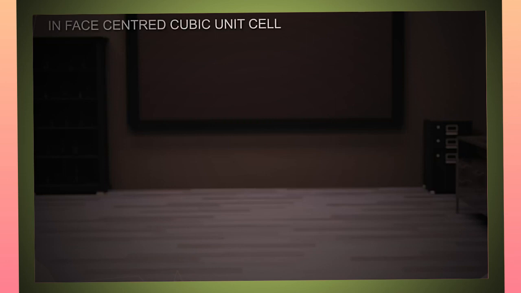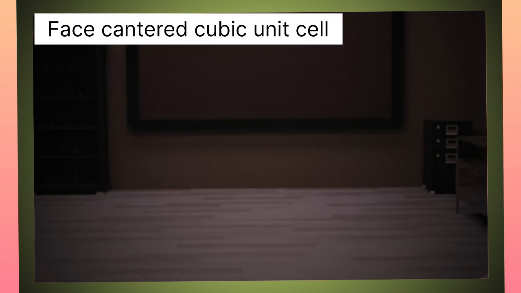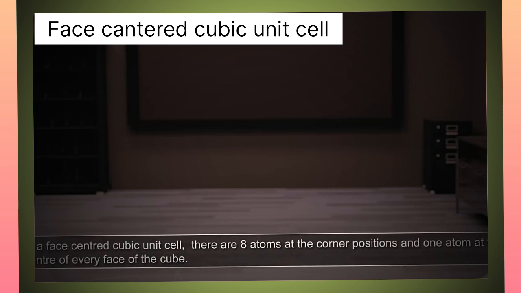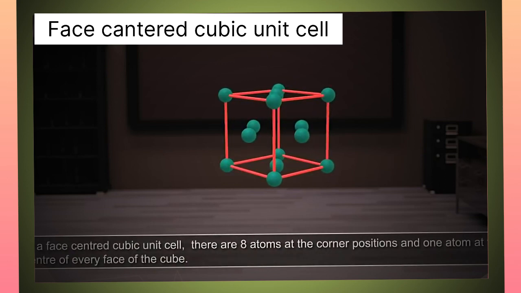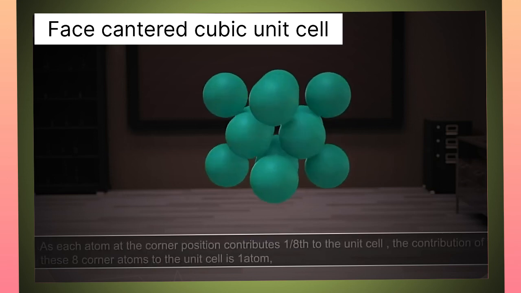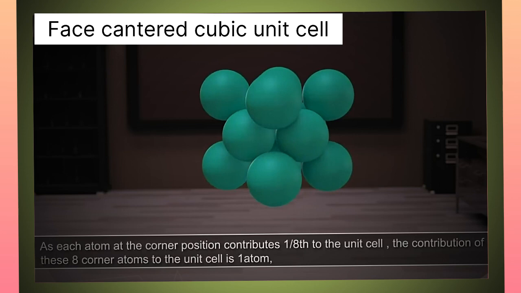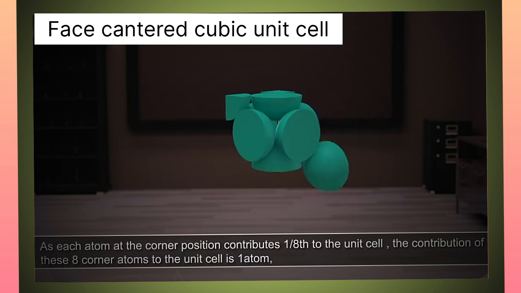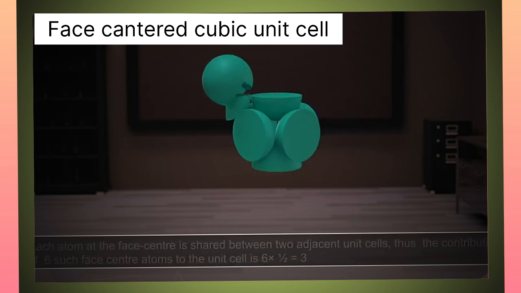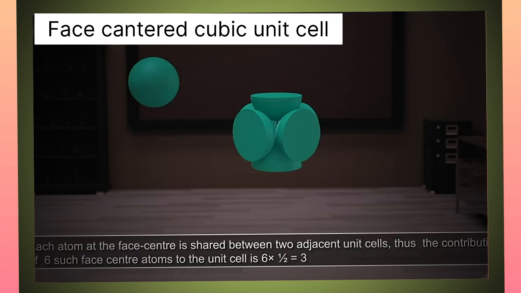Now, in case of a face-centered cubic unit cell, along with the corners, some particles will occupy the center of each face. As you already know, for the 8 corner particles, the contribution is 1/8 to the unit cell. Therefore, 8 corners multiplied by 1/8 as the contribution becomes 1 atom.